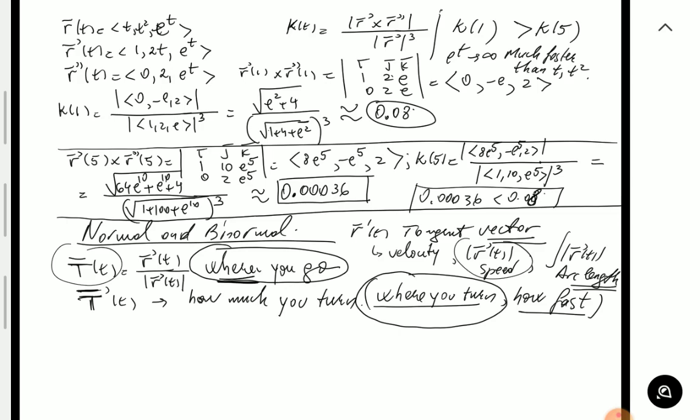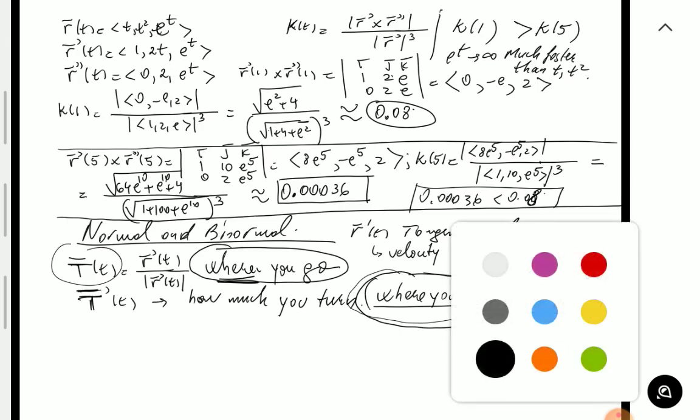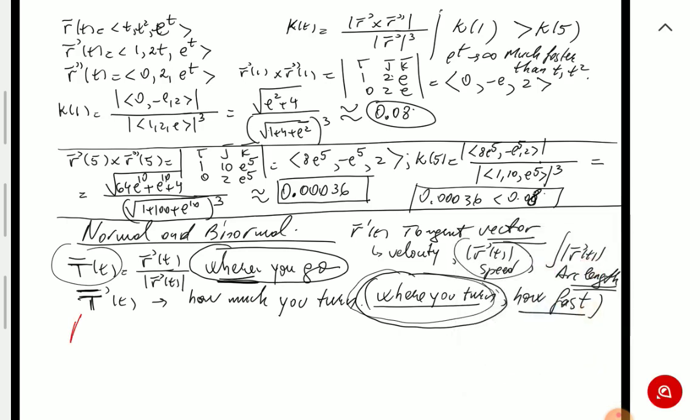A unit vector in the direction of t prime will give you just where you turn, the indication of turning, not how fast you're turning. So that brings you to the concept of the normal vector, denoted by n bar of t, which is just the derivative of the unit tangent vector normalized so that it has length 1.